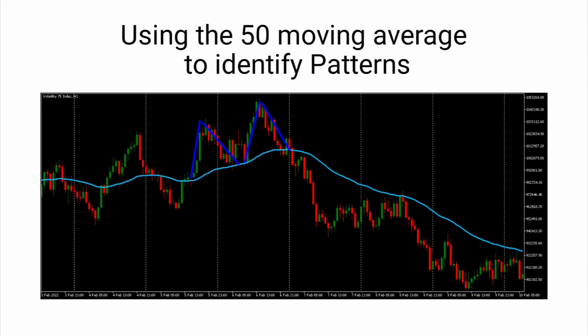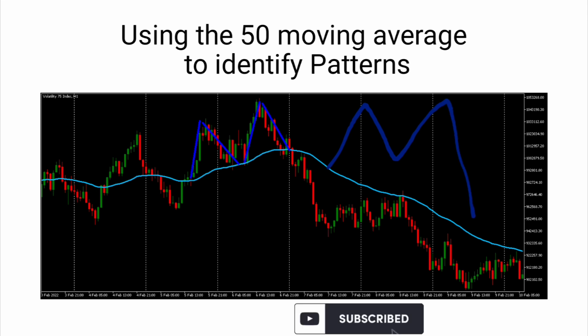Sometimes in order for you to see that this is a head and shoulder, this is an M. M's and W's are the easiest patterns which you can see. So on this diagram here, price formed an M. If you want, you can use moving averages.